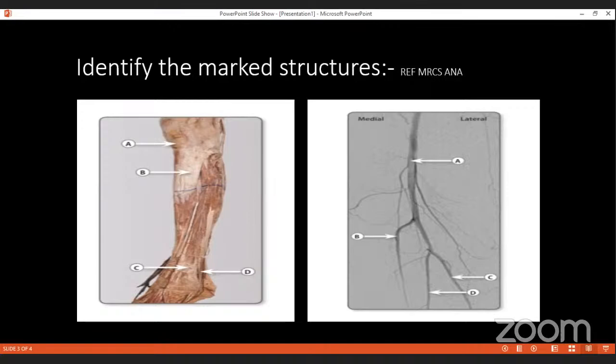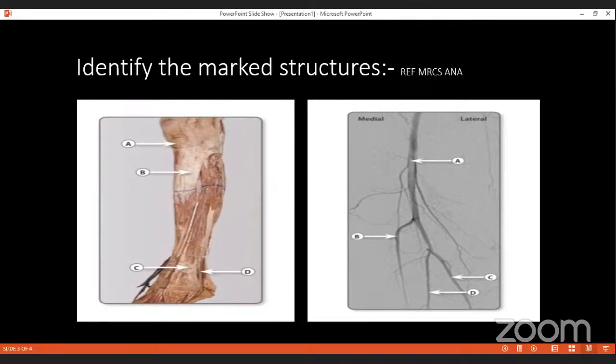Can you name the structures which pass at the medial malleolus, anterior to posterior? There is a famous mnemonic. Tibialis posterior, then flexor digitorum longus, posterior tibial artery, posterior tibial nerve, and flexor hallucis longus.